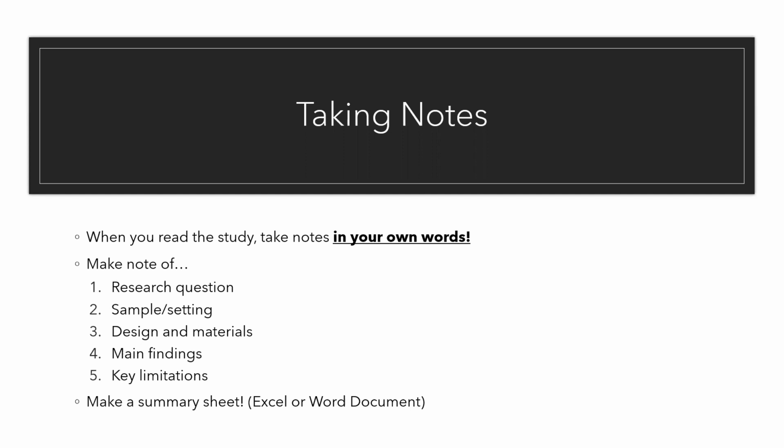When taking down notes, you want to include the study's research question, the sample or setting that they conducted their research in, or the participants and the characteristics of them, their design and materials, their main findings, and their key limitations. So one thing that I've done in the past and others have done is to make an Excel sheet and take those 5 things that you want to make note of, or maybe even break them down a little bit more, and make them separate columns of your Excel sheet.